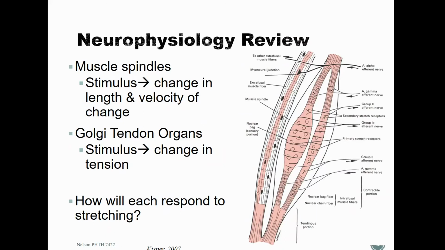A little bit of neurophysiology, hopefully review that you've heard about Golgi tendon organs and muscle spindles. So when I put tension along a musculotendinous structure, my muscle spindles will note a change in the length of the muscle as well as the velocity of that change. The Golgi tendon organs, which sit more in the tendinous structure, note a change in tension.